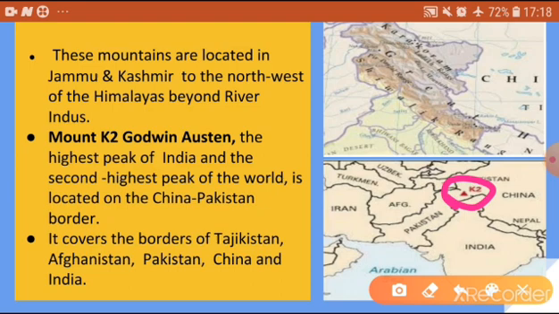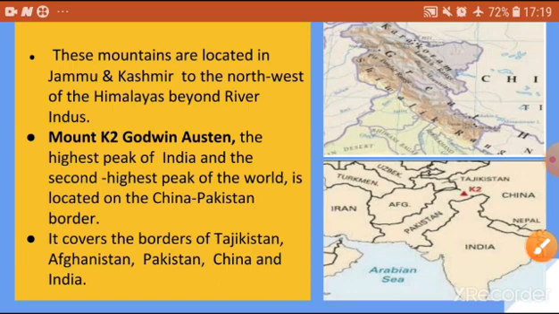These Karakoram ranges cover the borders of Tajikistan, Afghanistan, Pakistan, China and India. That means here these areas: Tajikistan, Pakistan, Afghanistan, China and India.